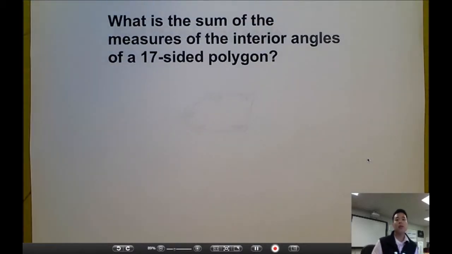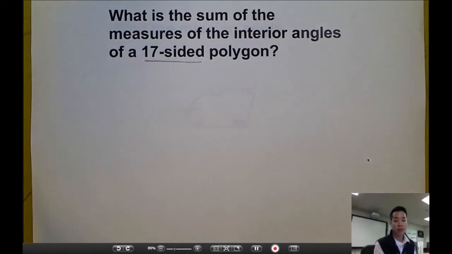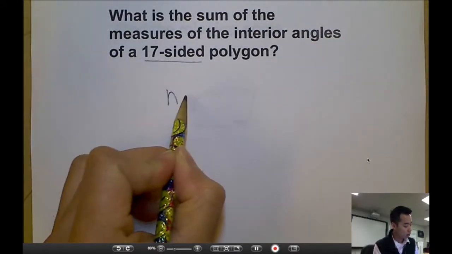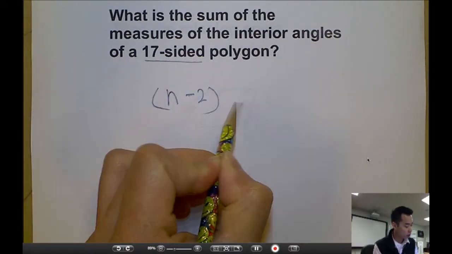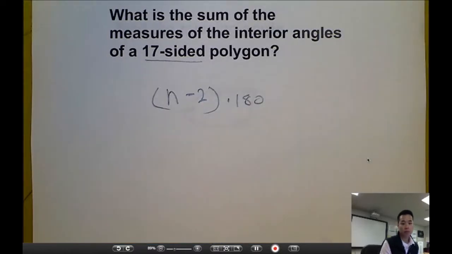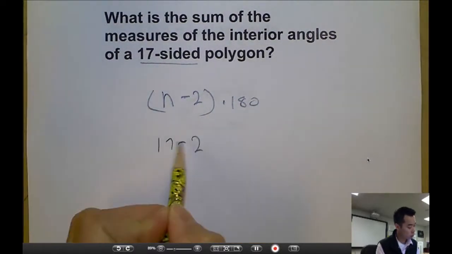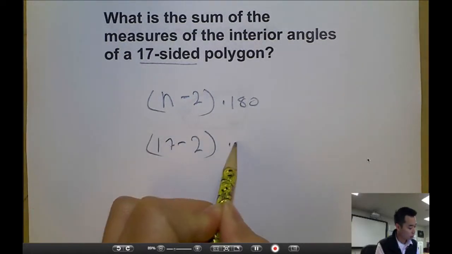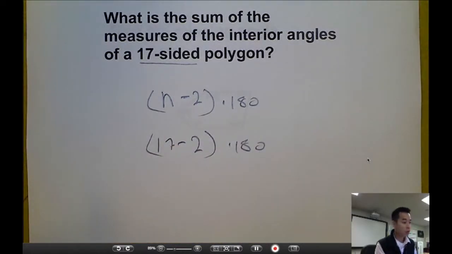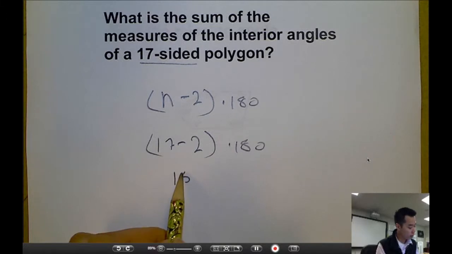Next example, what is the sum of the measures of the interior angles of a 17-sided polygon? So in this case, you don't really have to draw it. They already gave you 17 sides, so you're going to go n minus 2 times 180. 17 minus 2 times 180. That equals 15 times 180.